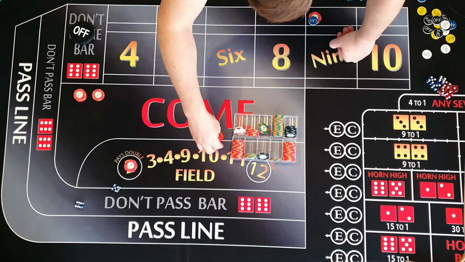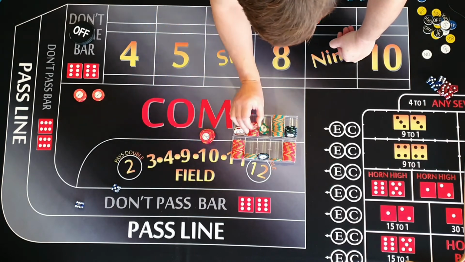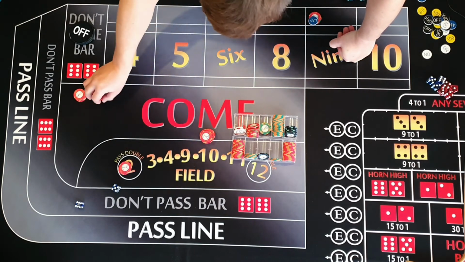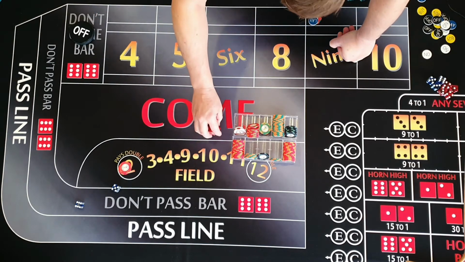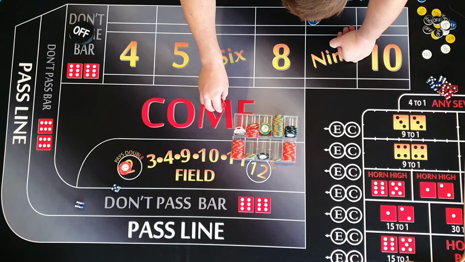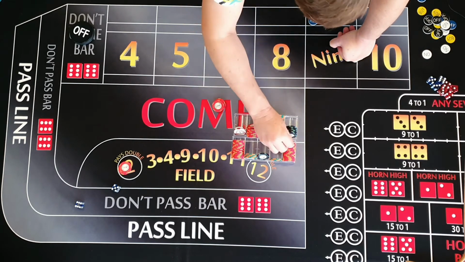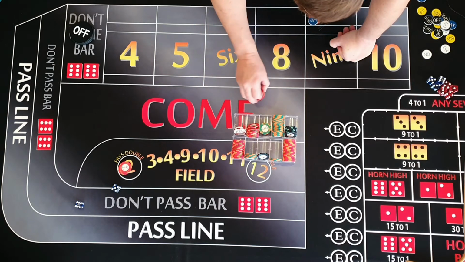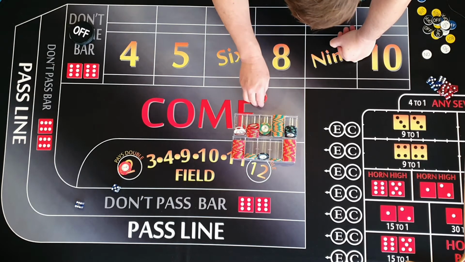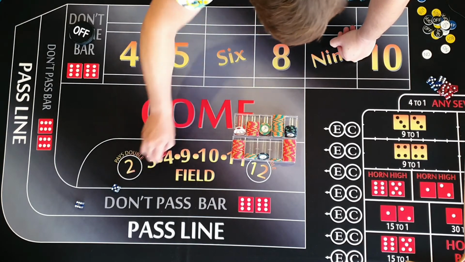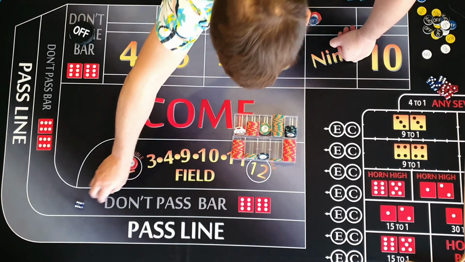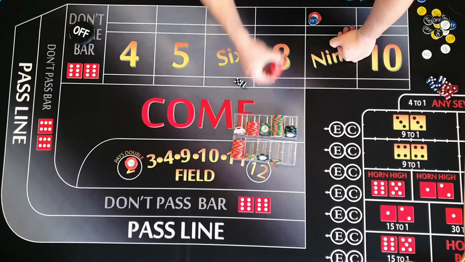So all that goes back up in our rack. Start back at the $10 level. Put back up here. I'll put that there. And there we are. All good. Let's take this out.